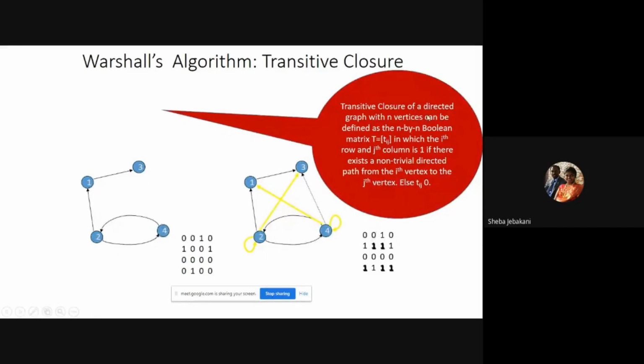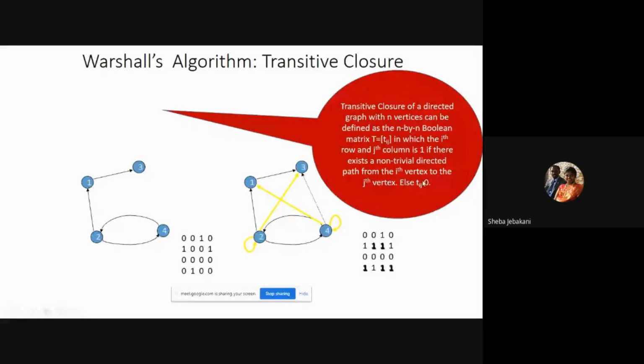The transitive closure of a directed graph with n vertices can be defined as an n by n Boolean matrix. It's called a Boolean matrix because it contains only zeros and ones, in which the ith row and jth column is 1 if there exists a non-trivial directed path from the ith vertex to the jth vertex. Otherwise, that particular entry is 0.